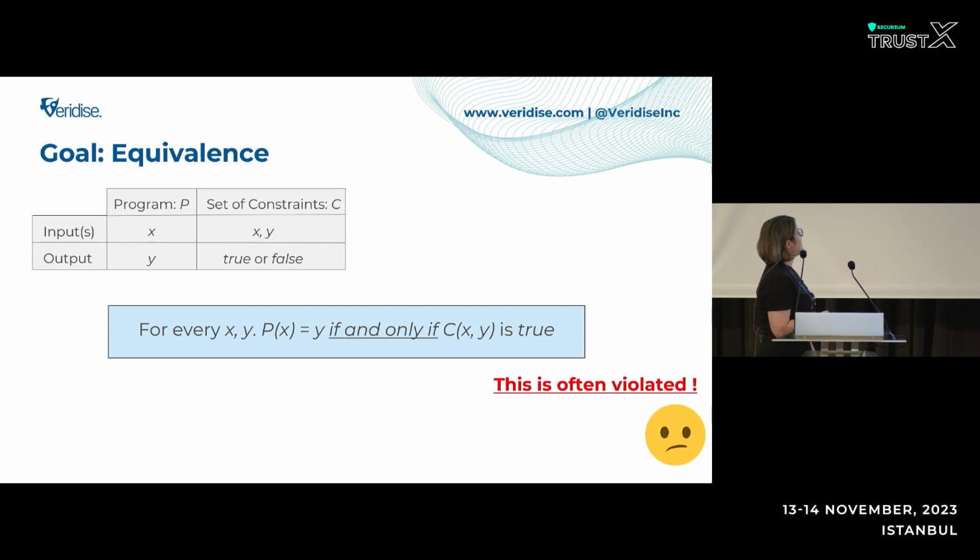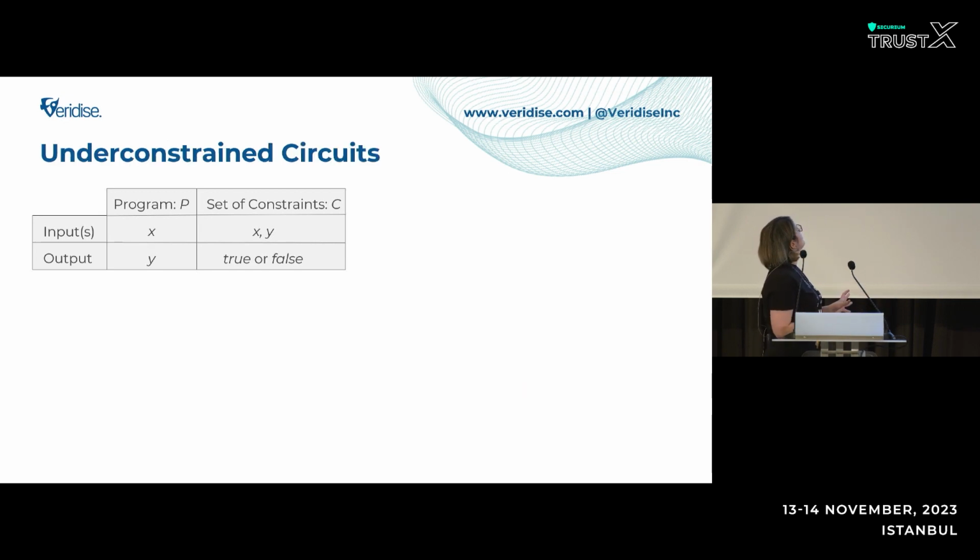All right, so we've noticed, during audits and based on the attacks that happened in the industry in the past, that this property is very often violated. And we will see that this lack of equivalence between these two entities is the source of a class of bugs, namely the unconstrained circuits.